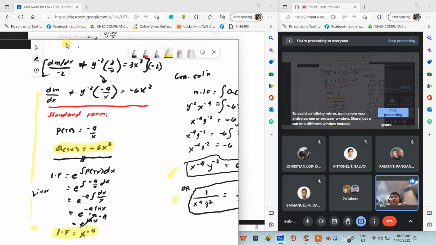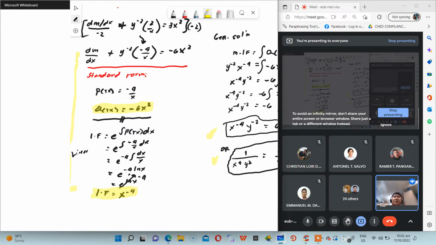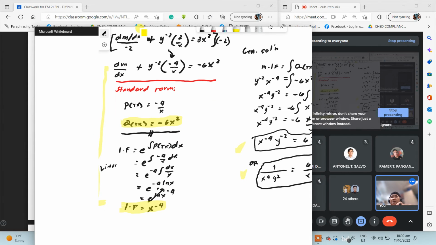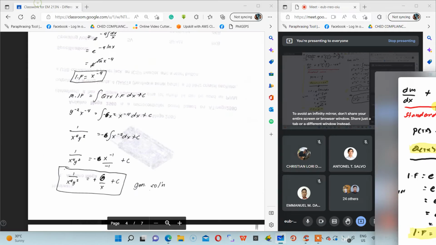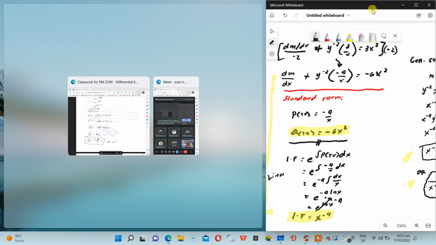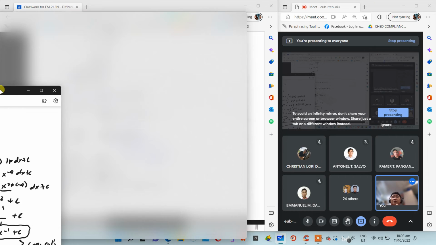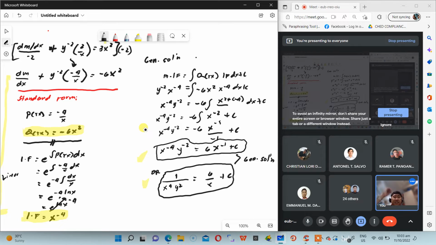So any question for this problem before we proceed to another example? Okay. Question? Guys?